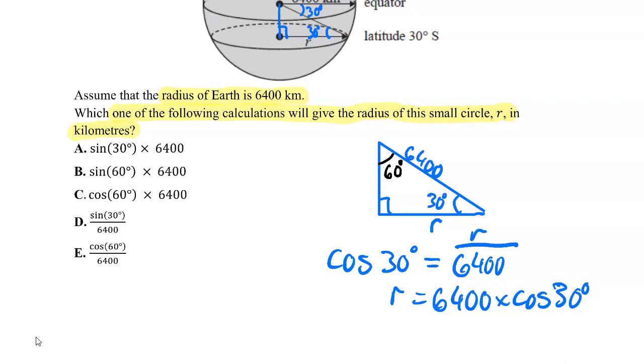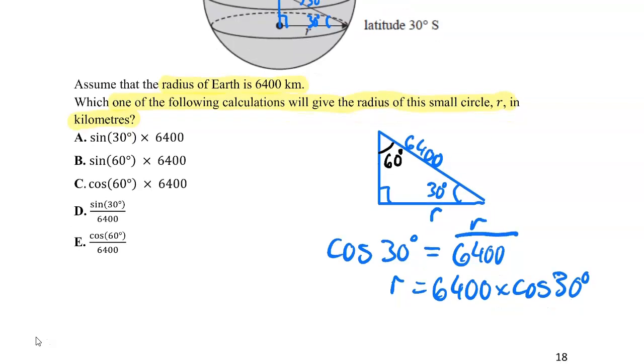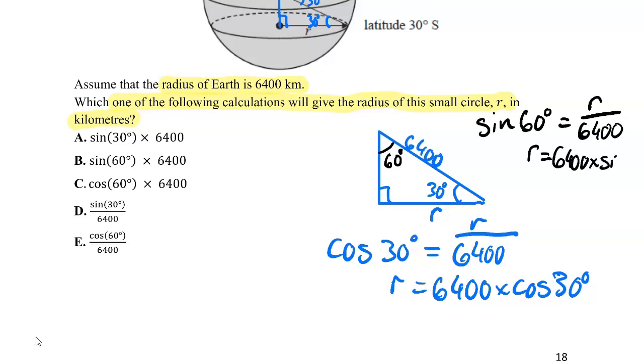With knowing that that one's 60 degrees, now that is opposite that angle with the hypotenuse, so that gives us sine 60 degrees equals R over 6,400. So R equals 6,400 times by sine 60 degrees. Sorry, ran out of room there.